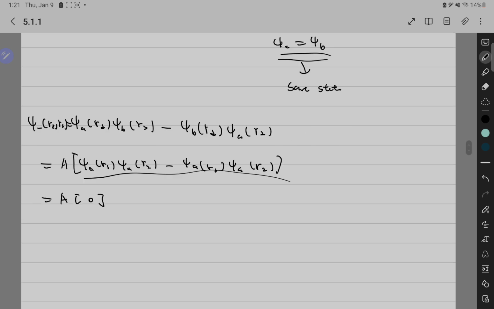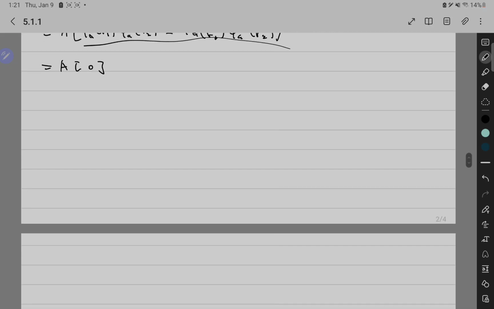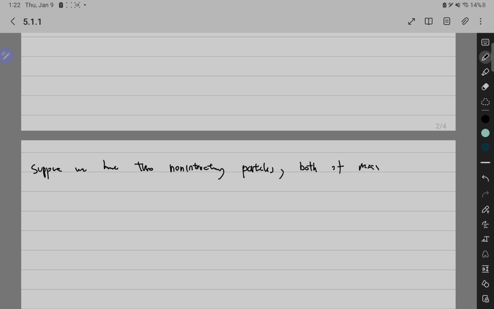Now we can move on to look at an example. This example I'm going to talk about is from the textbook. Suppose we have two non-interacting particles, both of mass m, in the infinite square well.